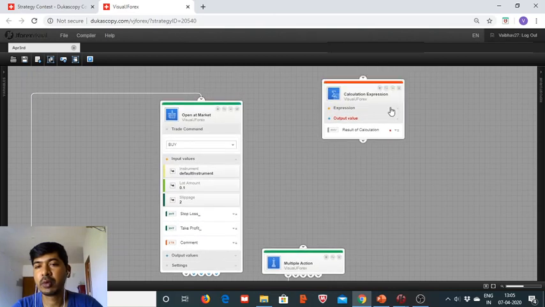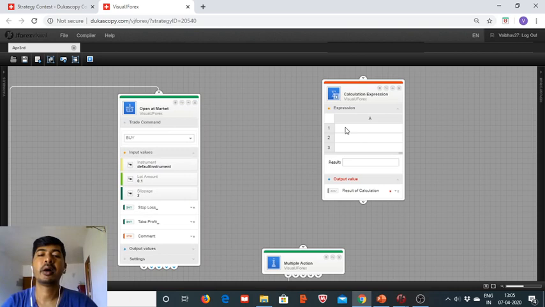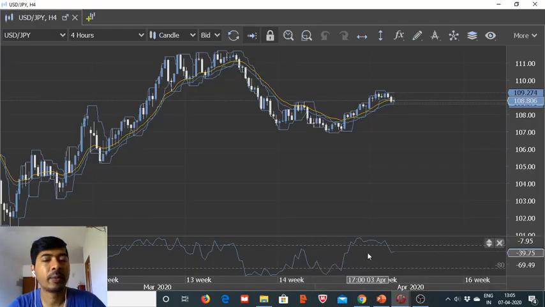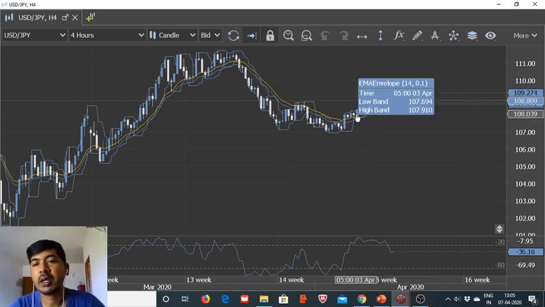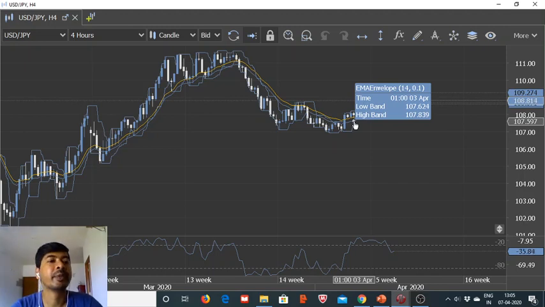Now coming to the calculations, we are going to use a combination which should be good enough, considering the fact that we are working with an algorithm with the 4-hourly time frame, so we will need to keep the stop losses and the target accordingly.